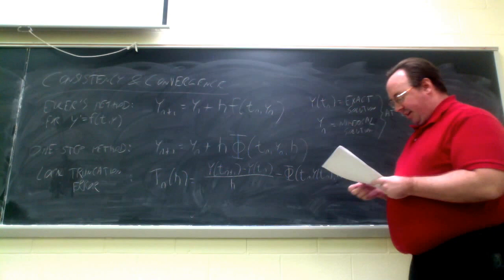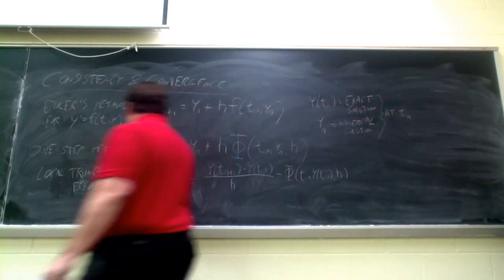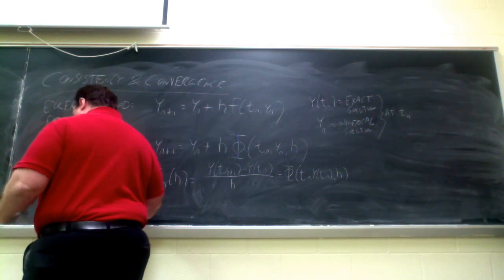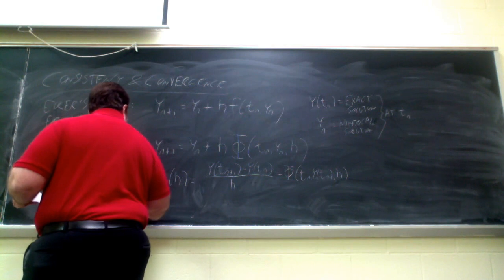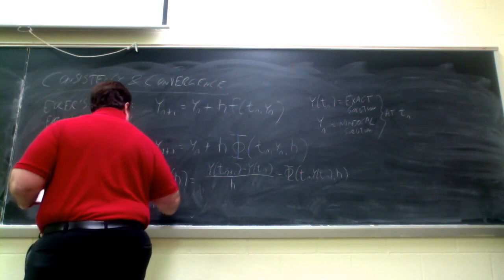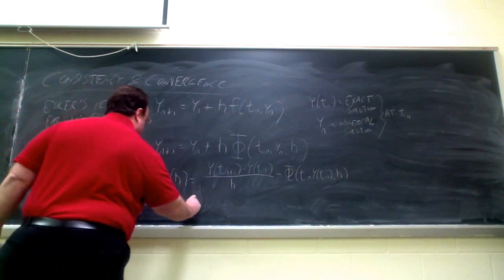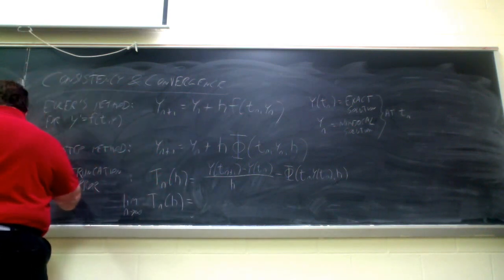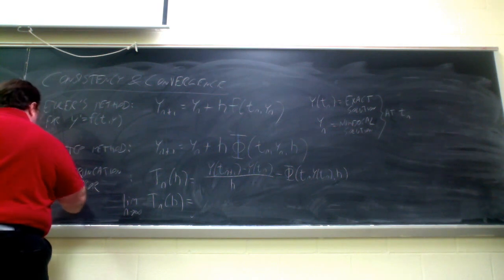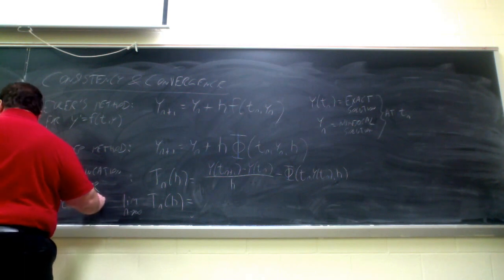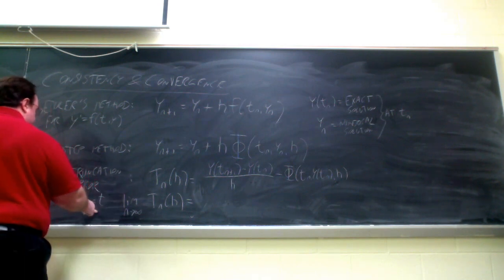So, if I take the limit as n goes to infinity of T_n(h) in such a way that t_0 plus nh is equal to some fixed t.